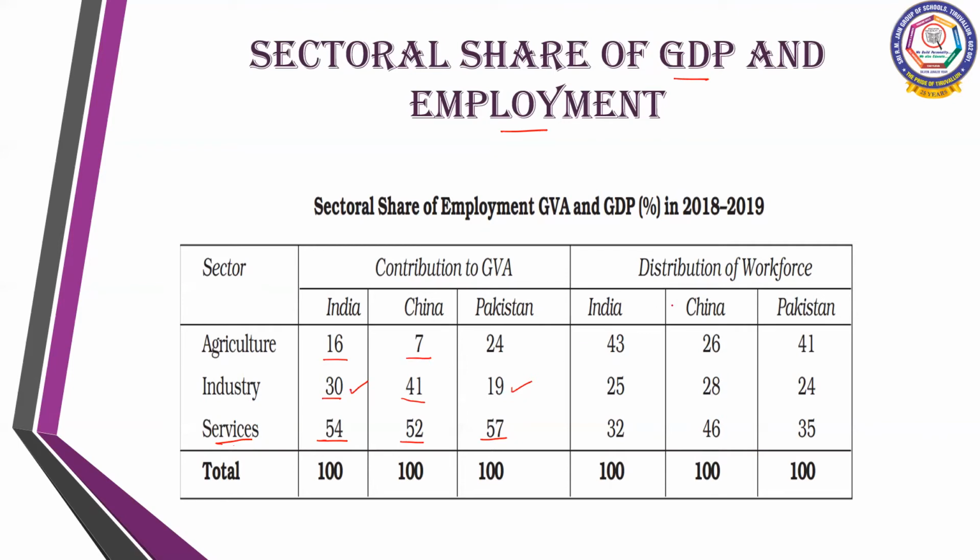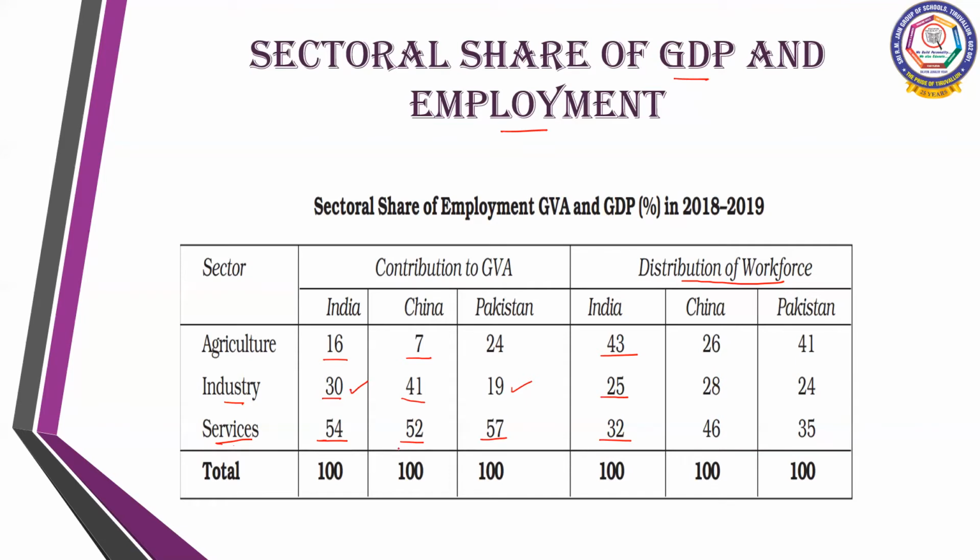In terms of employment, that is the distribution of workforce, in India, 43% of the workforce is engaged in agriculture and allied activities, 25% and 32% in the industrial and service sector respectively, whereas it is the least in China.